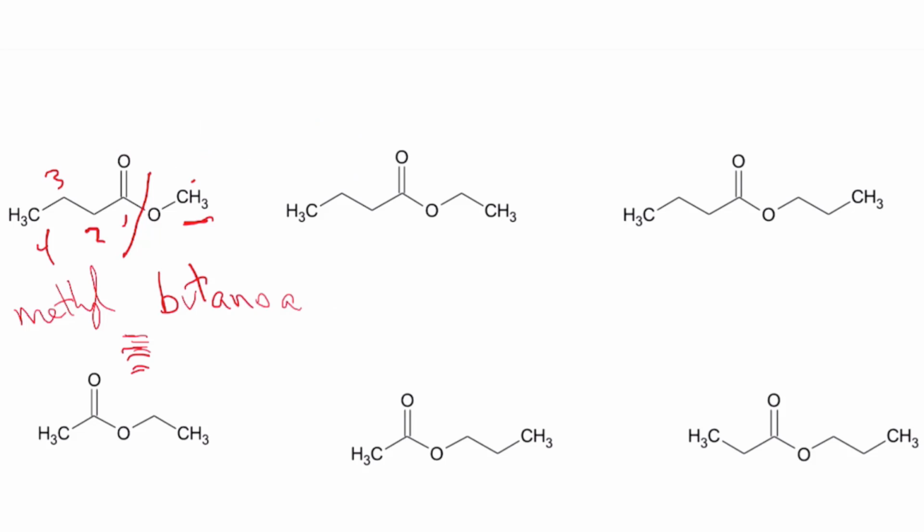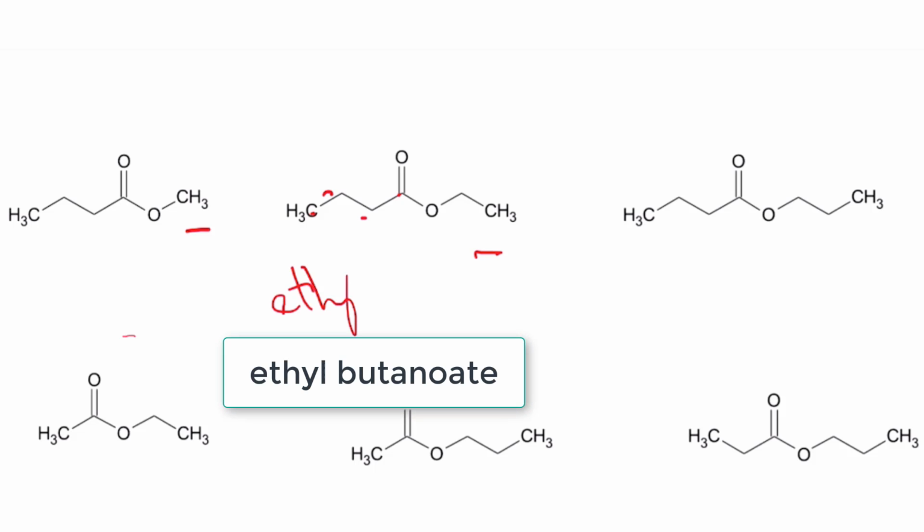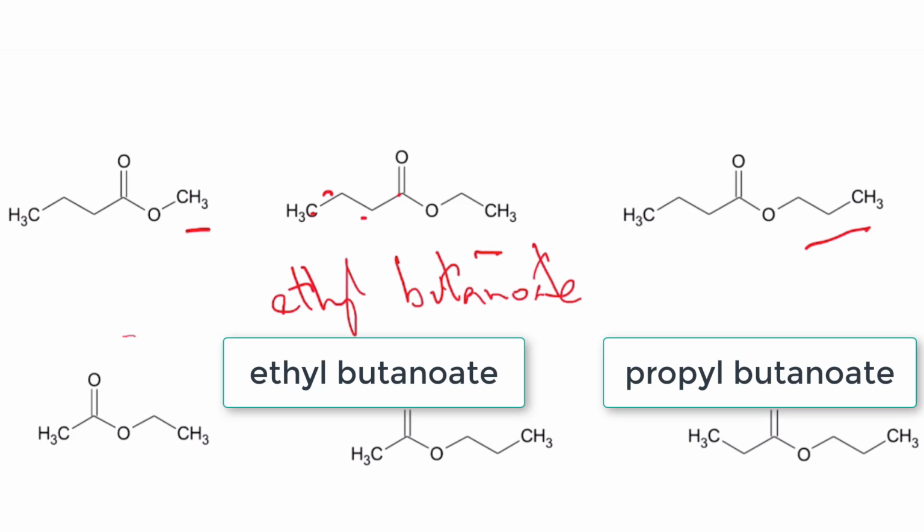All right, continuing on then. So what we've done here is we've now increased the chain length on this side. So we've gone from a methyl to an ethyl, but the butanoate still remains. So this is now an ethyl butanoate with a space. This is a propyl butanoate.